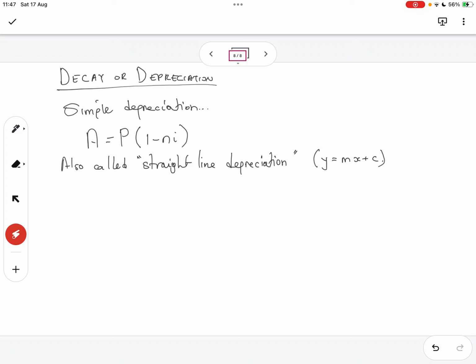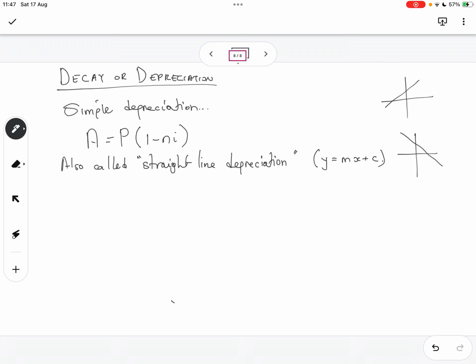So the number of years is to the power of 1. The gradient is there, and this would be a y-intercept. This equation is of order 1, so it will be a straight line. Depreciation would look like that, but appreciation or interest would look something like that.